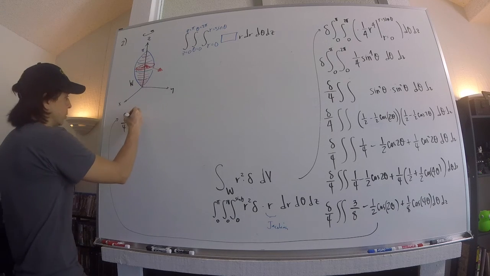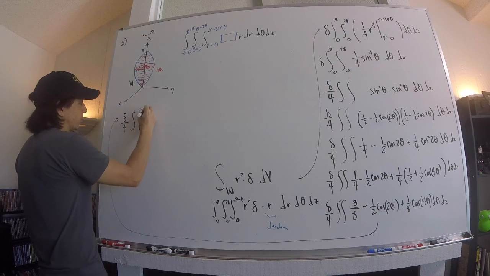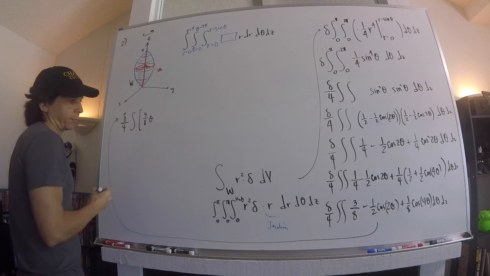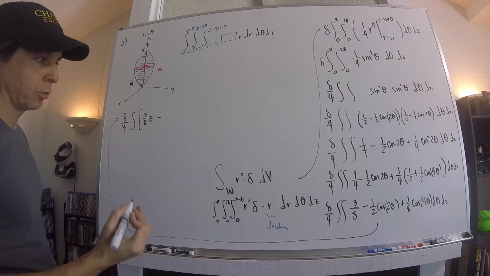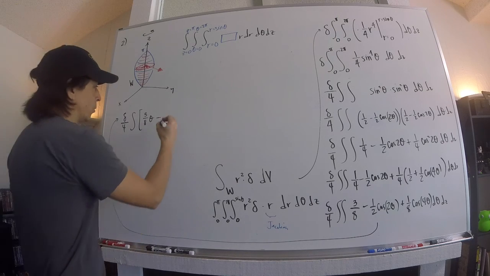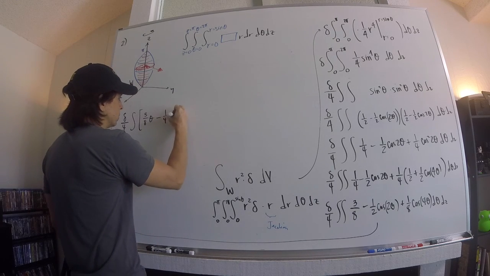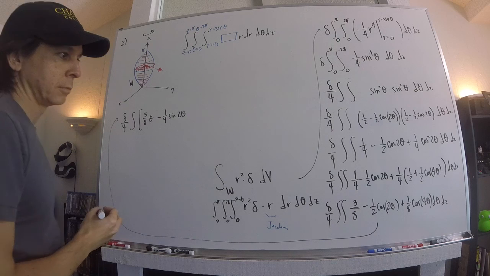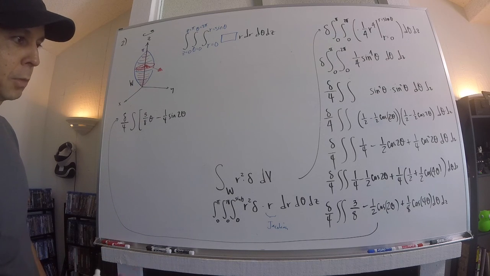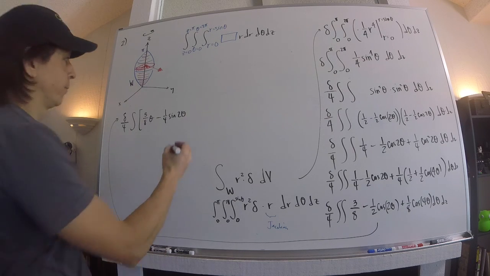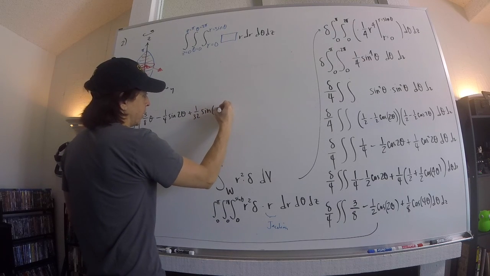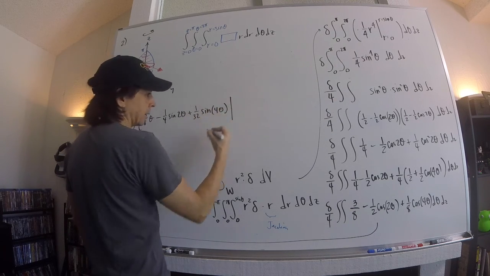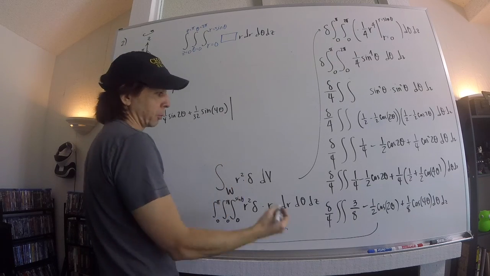I'm gonna have 3/8 theta minus antiderivative sine, so it's going to be 1/4 sine 2 theta, and then I'm going to have a 4, so it's going to be plus 1/32 sine of 4 theta, and I'm evaluating that from 0, and let me throw in my things now.